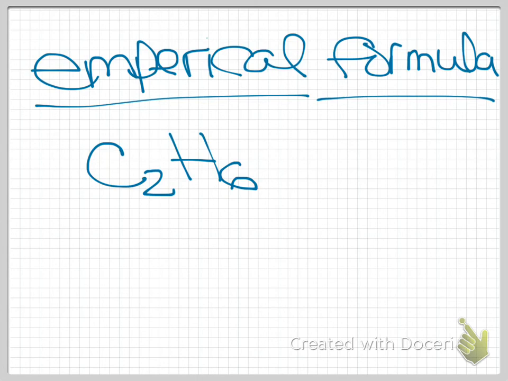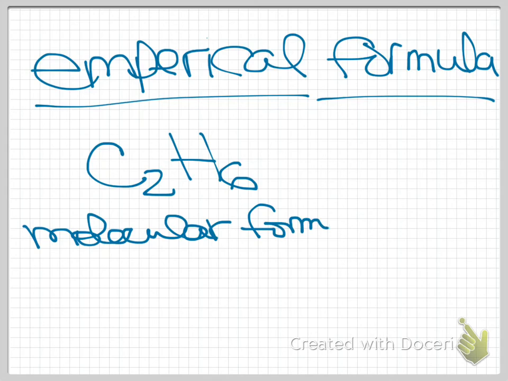An empirical formula is sort of like a fraction in simplest form. That's what it is. So an empirical formula takes a molecular formula. This right here is a molecular formula that says the actual components of everything that's in there, and it reduces it down.